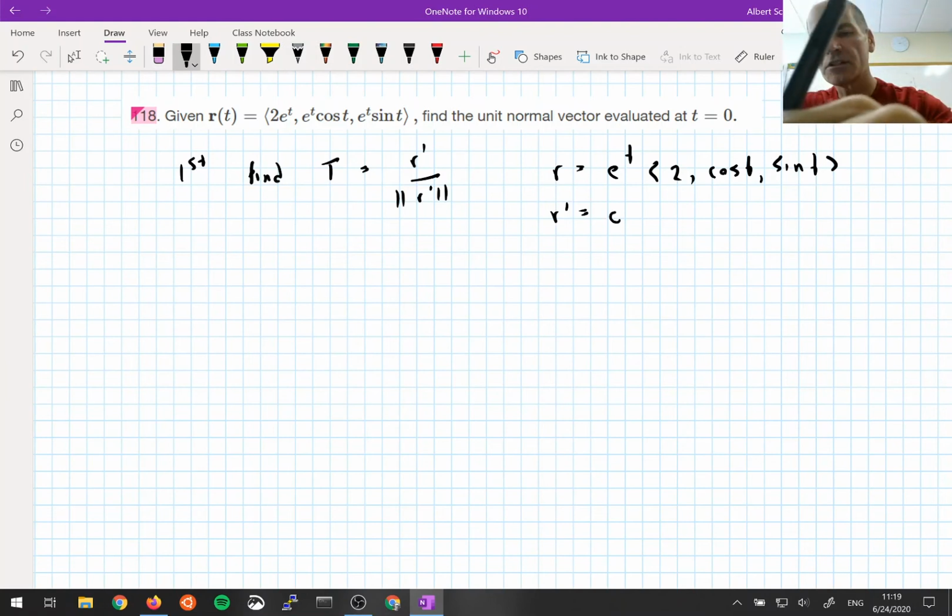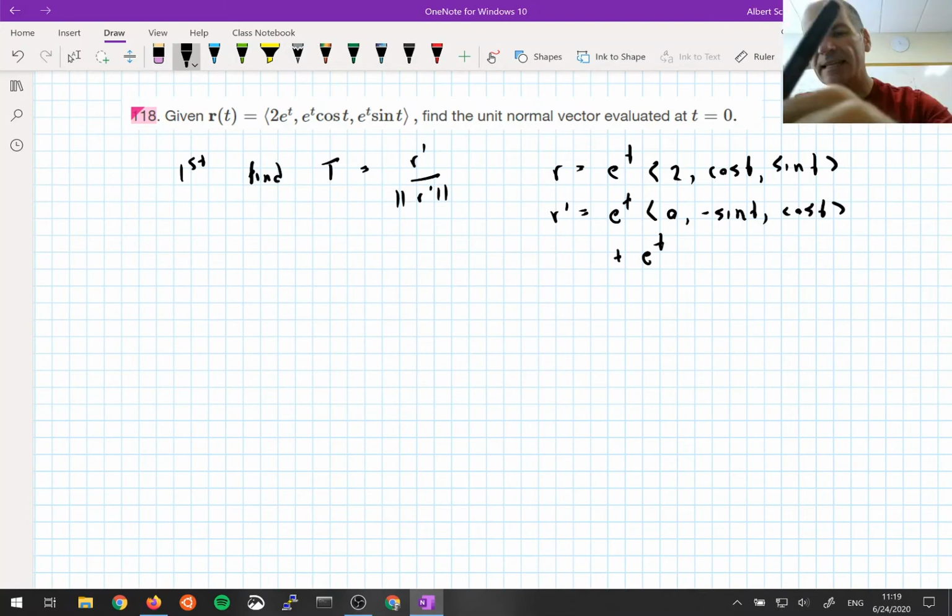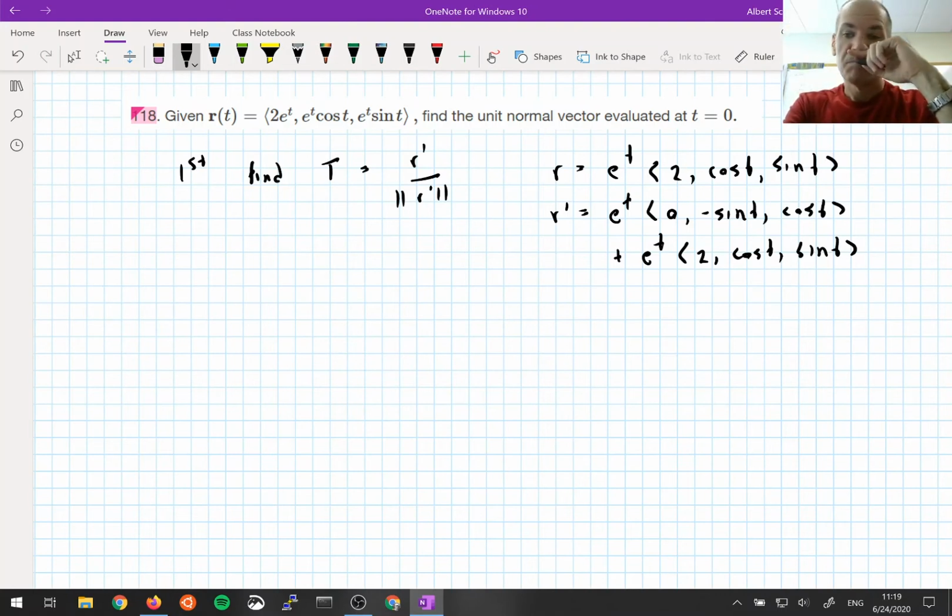I can take the first times the derivative of the second plus the second times the derivative of the first. Well, the derivative of the first is e to the t, and the second is just 2, cosine t, sine t, like that. That's a little bit easier maybe than computing the derivative of the original expression. I'm going to simplify this a wee bit. I can factor, again, e to the t out front, and then add component-wise.